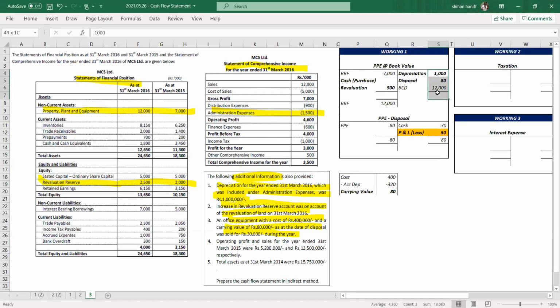Now the difference in the PPE account is the purchases. How much is purchases? What is the purchase?